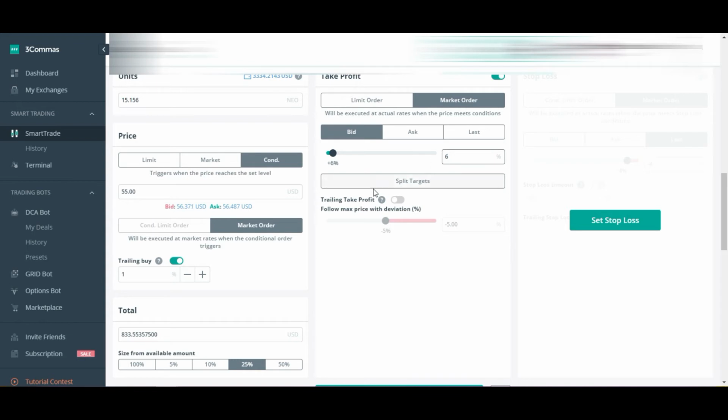And then next, I would set a trailing take profit. We'll turn that on. Now, 5% is really high. That means I could end up with just 1% profit if I let this run at 5%. That's why I always run my trailing take profit at 0.5%. So then I'll end up with 5.5% or better.